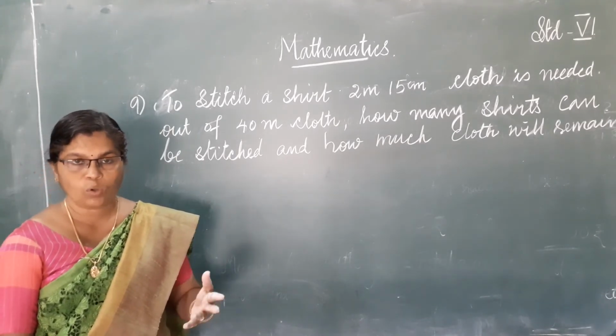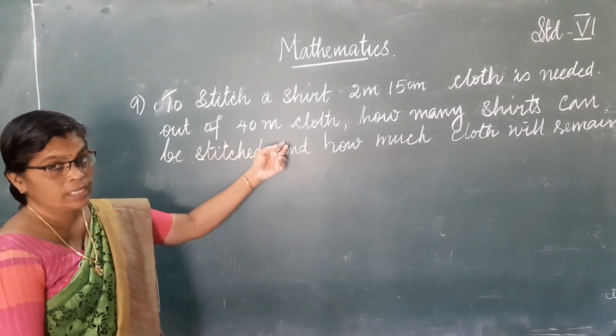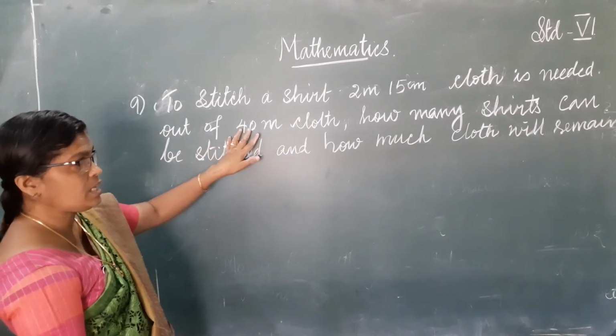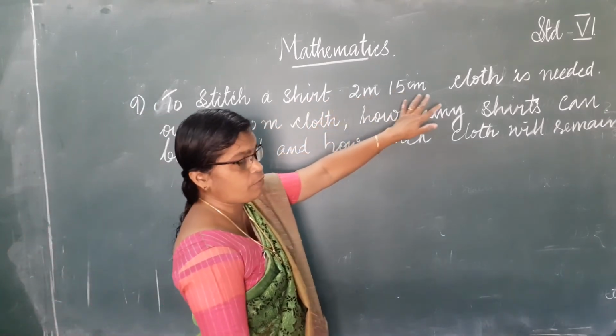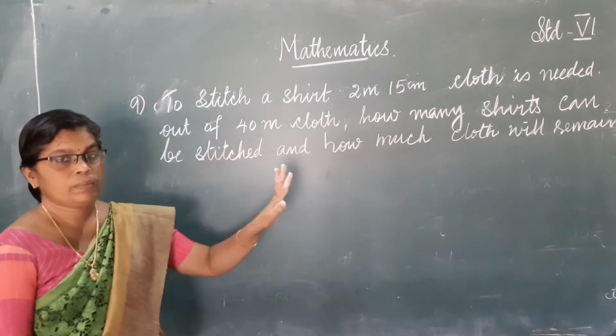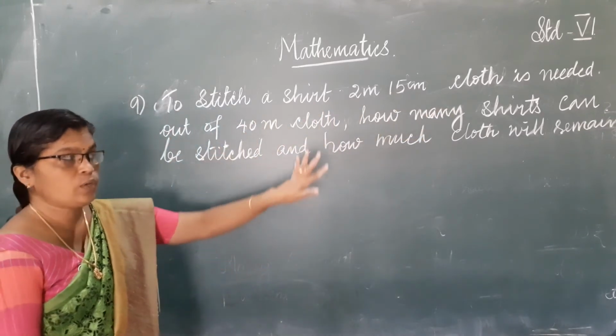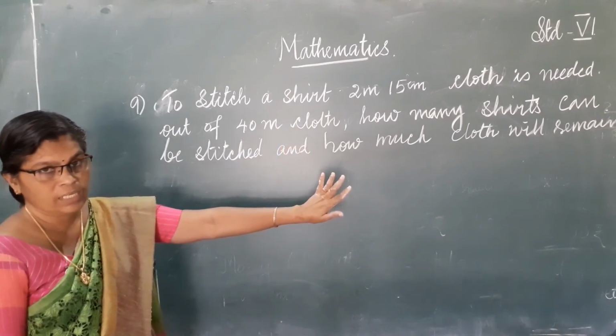Okay. So total cloth we have is 40 meter. Since everything is in meter here, and this is in 2 meter and 15 centimeter, we can convert everything into centimeter. All the units in meter we have to convert into centimeter.